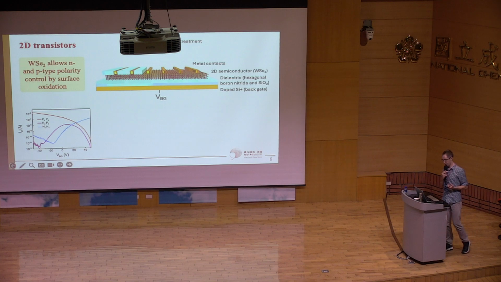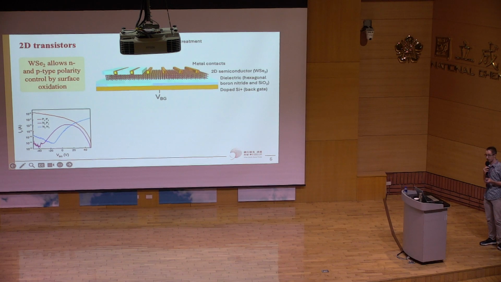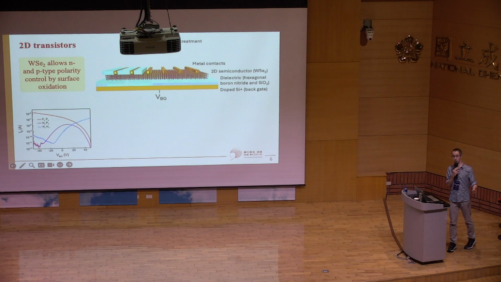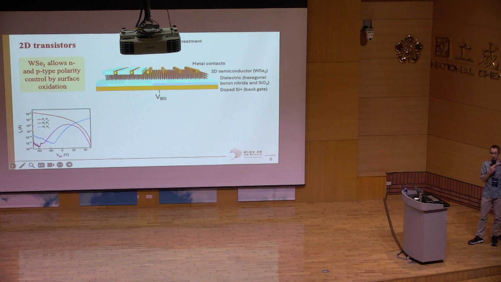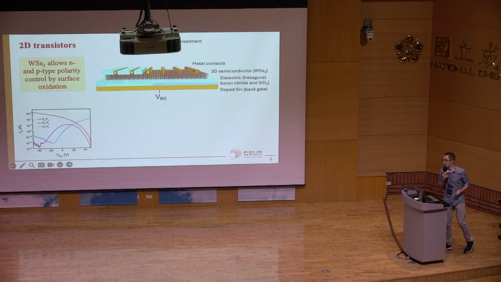That's because you can get N- or P-type transistor behavior, just depending upon differences in your fabrication process. That could be depending upon the type of metal you integrate. It could be the method that you use to make your metal contacts, for example, using traditional metal evaporation techniques or transferring the contacts. The material thickness will also affect the characteristics.